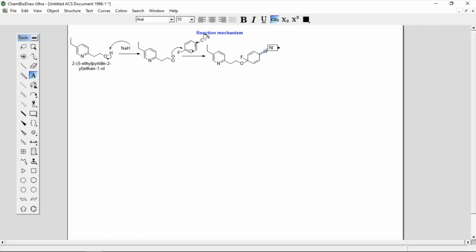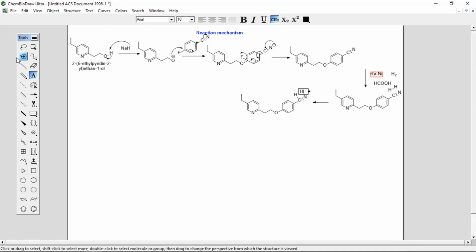Nitrogen, formic acid, Raney nickel, H2. Hydrogen will add on this, and you have a carbon-nitrogen triple bond, so one bond will break between this carbon and nitrogen.